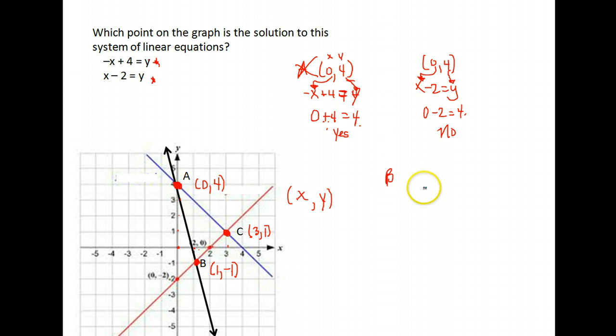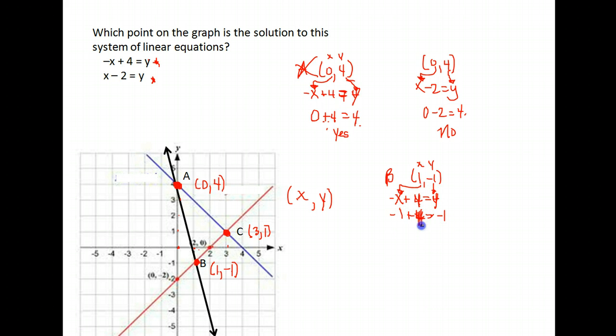Let's try B to see if it's our solution. B was at the point 1, negative 1, so our x is 1, our y is negative 1. Let's try it in each equation. Our first equation, negative x plus 4 equals y. Again, replace the x with the x from your point. So we replace the x with a 1. That had a negative in front already, so that gives us negative 1 plus 4 equals y, and our y is negative 1.